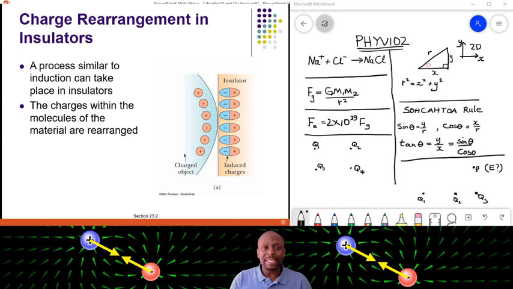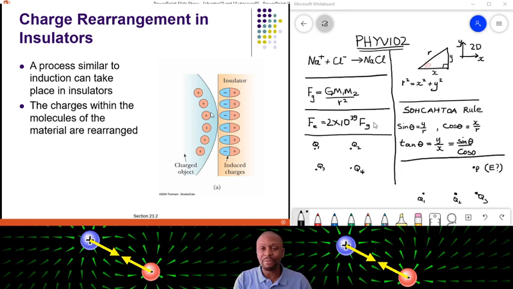Now, the charge rearrangement in an insulator is also possible. Suppose that you bring a positively charged object or sphere next to the insulating material. These charges will rearrange or align themselves accordingly. As you can see, the negative charges will be next to the surface, while the positive will be on the other side.